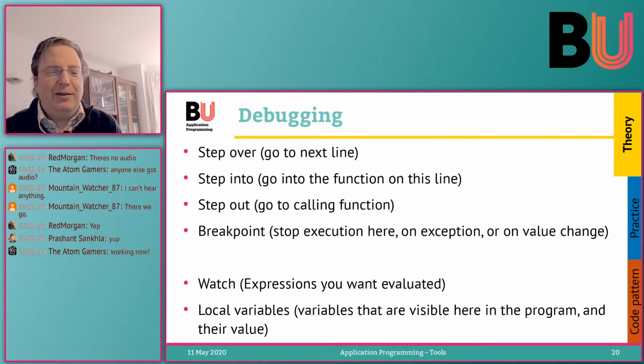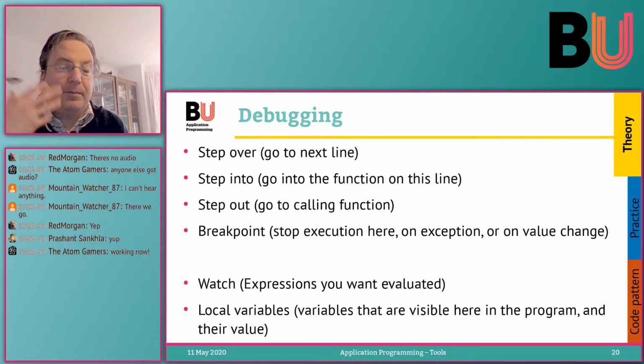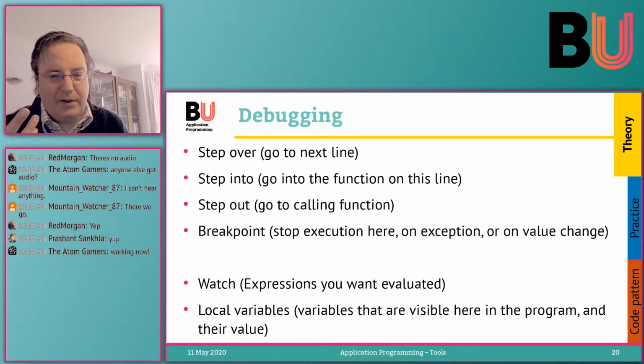Often you don't really want to go into a trivial getter. You know it's just a getter, not doing anything interesting. You're interested in the function that's being called with the value that was returned by the getter. And there are also ways of filtering what it may or may not step into.